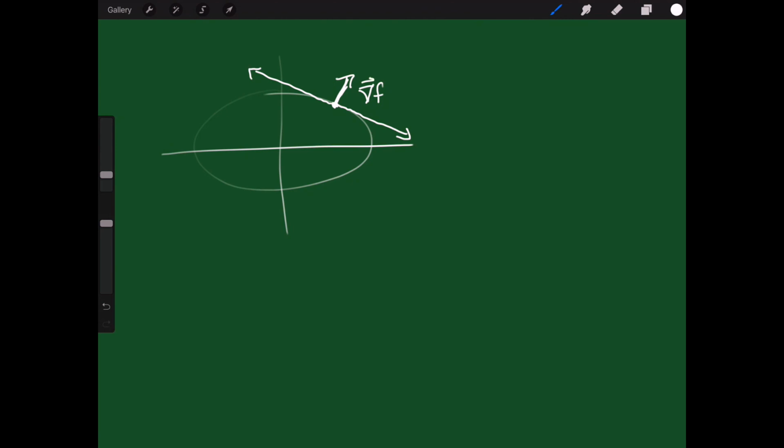So my tangent vector and my gradient vector are going to be at a right angle to each other. Or in other words, they are going to be orthogonal to each other. Okay.